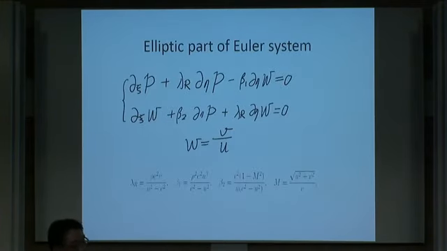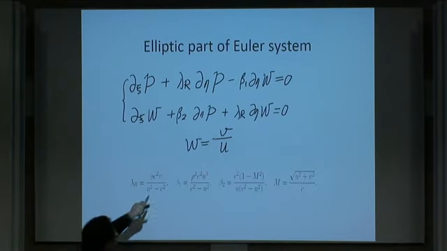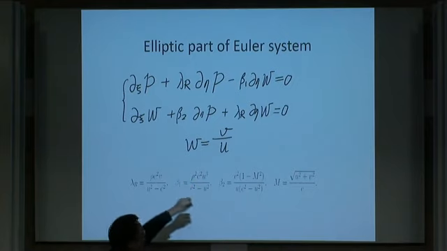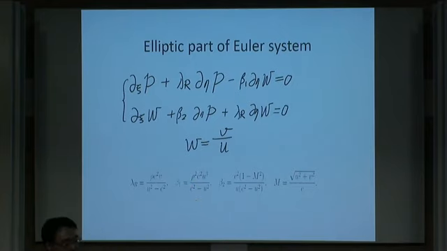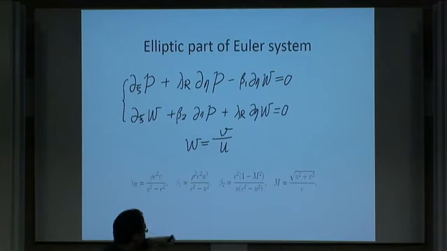It is a first order elliptic system, because here L has a real part and an imaginary part, and lambda has real and imaginary parts. Substitute in it and then separate the imaginary part and the real part. We get these two equations, and here W is V over U. So it is an elliptic system of pressure and W, P and W. Here are the coefficients. We can check it is an elliptic system.